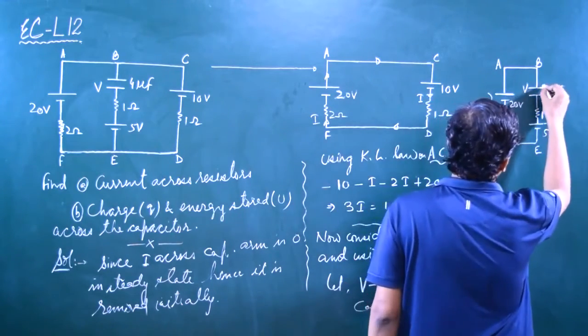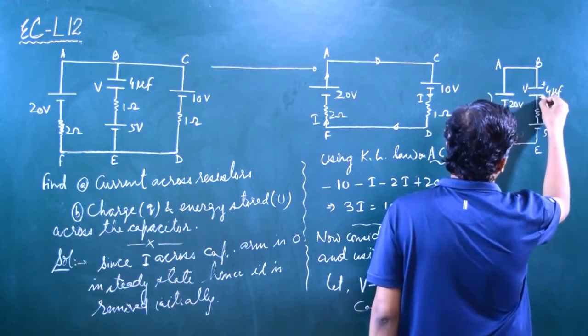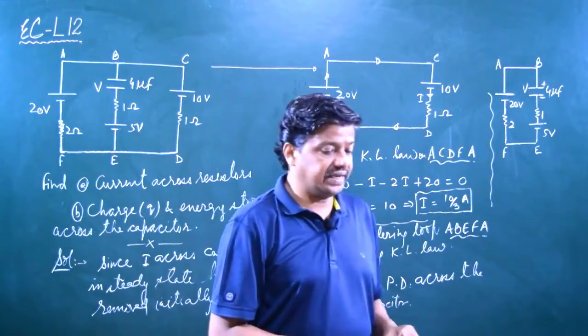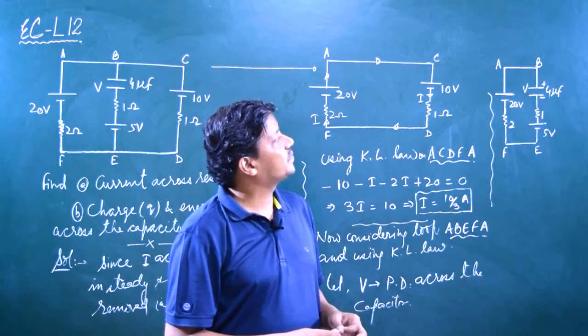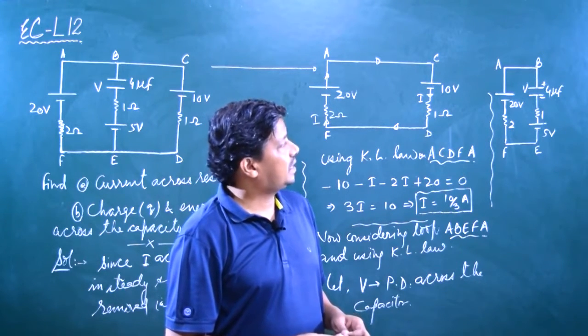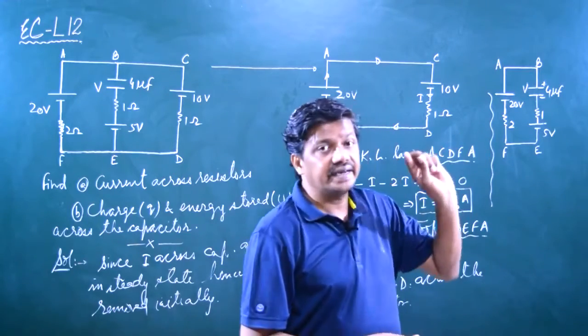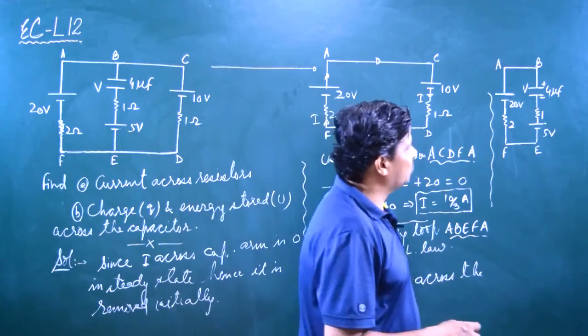Suppose we consider this plate to be positively charged and this plate to be negatively charged. You can take it as you like. If you have taken the polarity in the opposite sign, then we will get the result of V to be negative. Then change the polarity of the plates. That we have to do here.